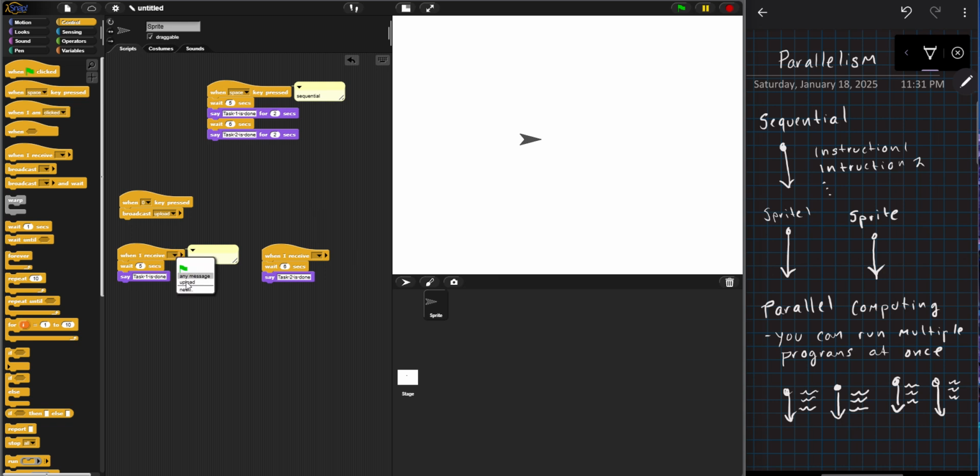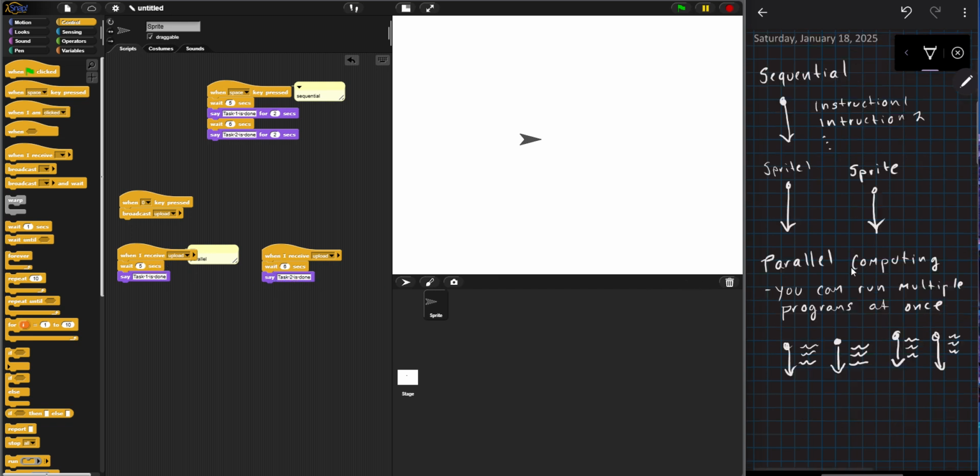So when this block receives upload and when this receives upload, they'll start their tasks. And you see these are the same tasks, 5 seconds for task 1, 6 seconds for task 2.